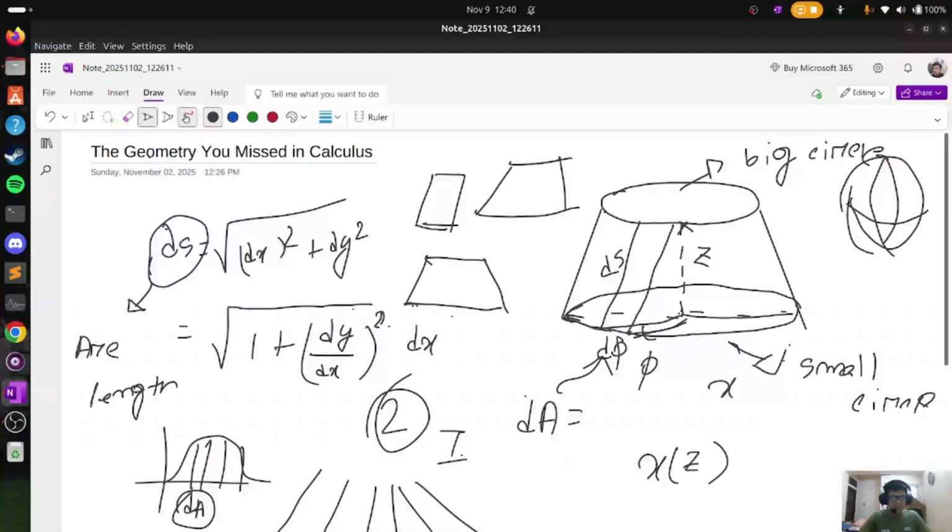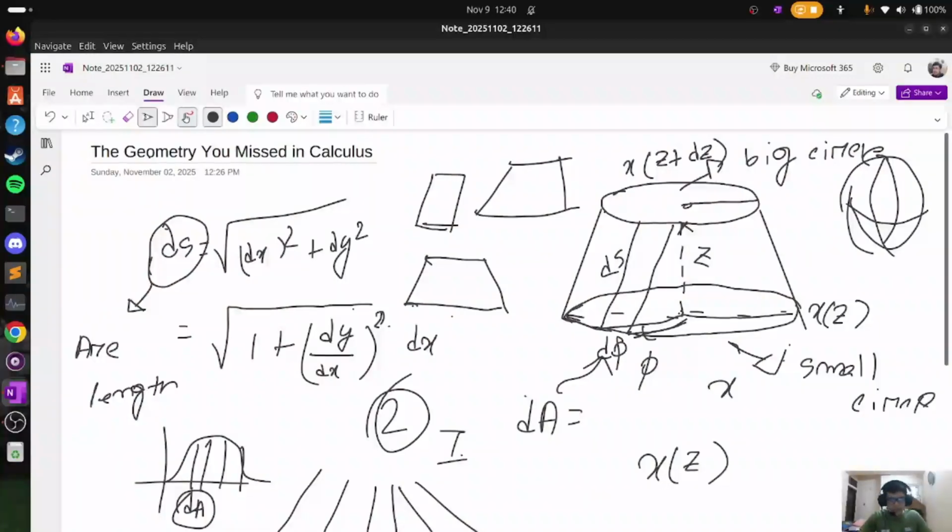So in here, the radius is x of z, and as we're taking a small strip size, here the radius is x of z plus dz. That's what the radius is here right now.